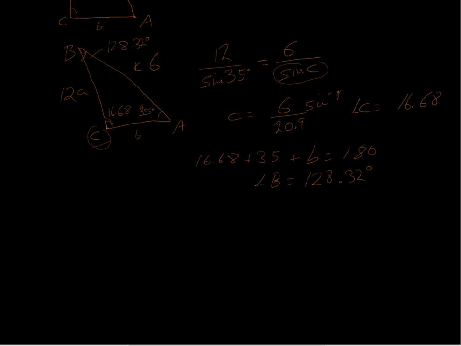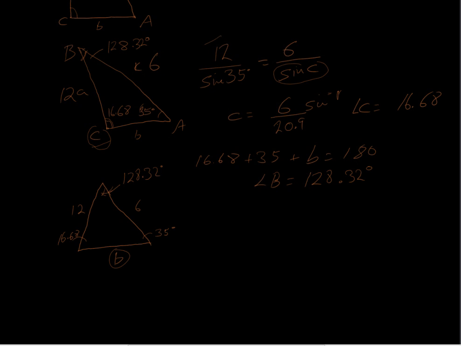We have two sides. We still have to find one more side. So let's just draw the new triangle. So it sort of looks something like this. This is 35. This is 16.68, and this angle here is 128.32. 35 is opposite 12 here, 6 is opposite 16.68, and we don't know this, so we still have to find that.